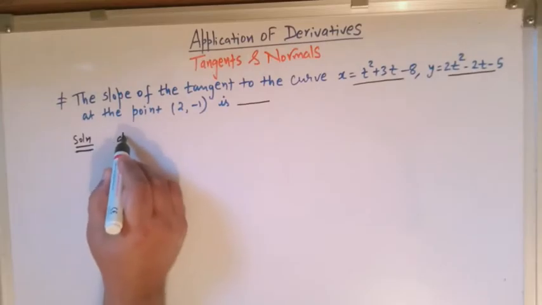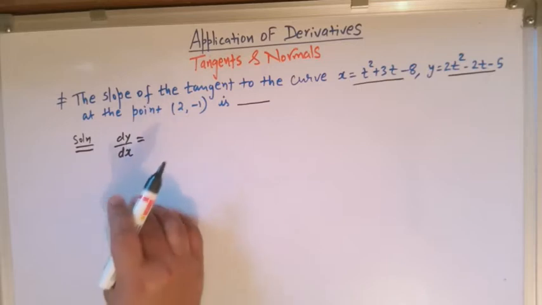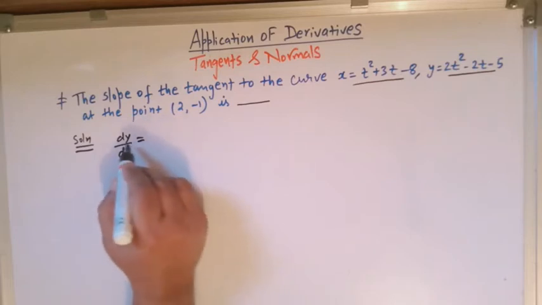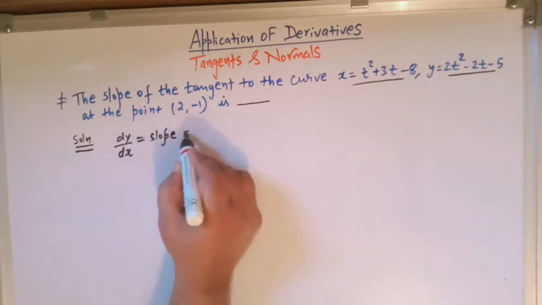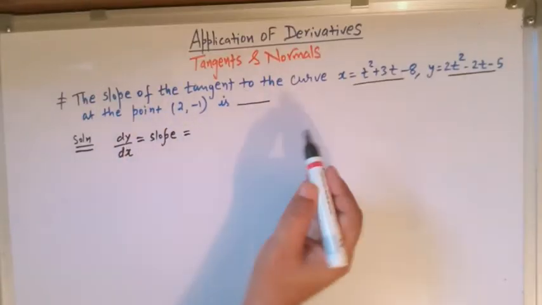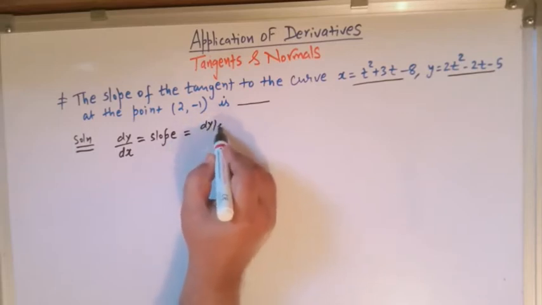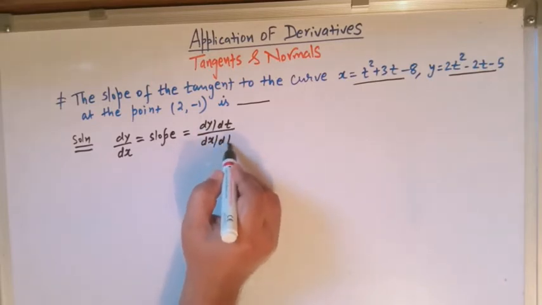Now the slope is given by the derivative of y with respect to x. Clear? So this is the slope. Now in case of parametric equations we have dy over dt divided by dx over dt.